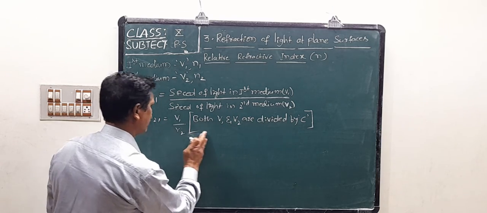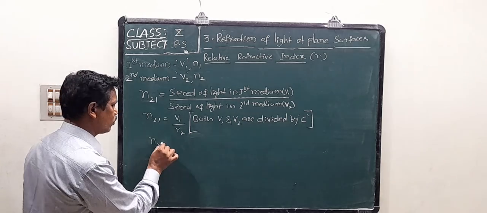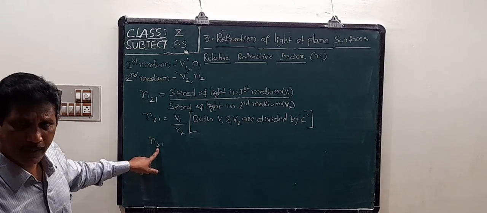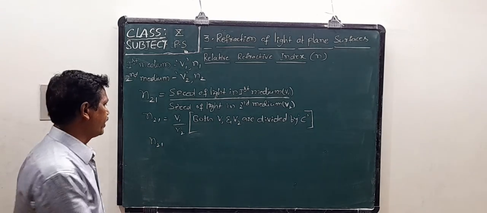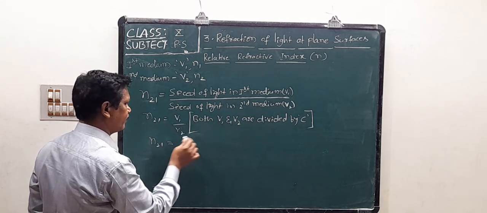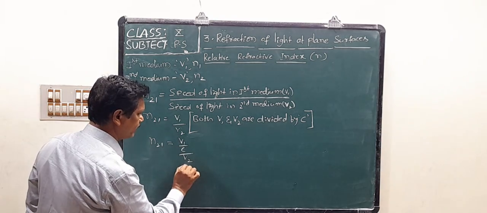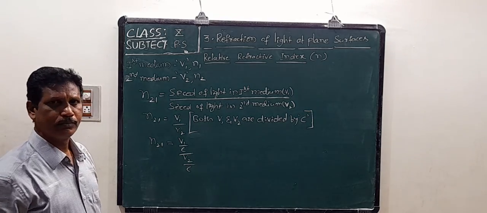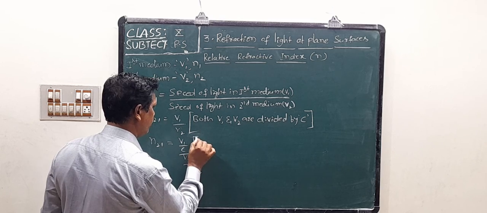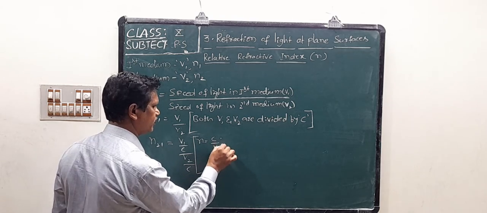Both v1 and v2 are divided by capital C. So n21, the refractive index of the second medium with respect to the first medium, is equal to v1 by c divided by v2 by c. Okay, we know n equal to c by v.